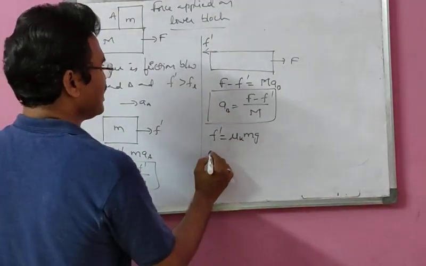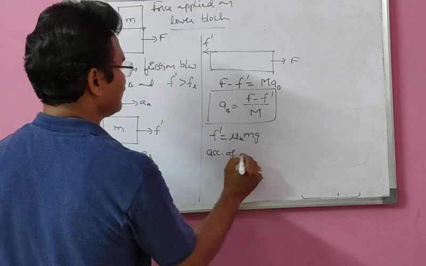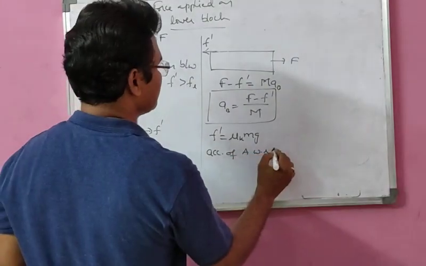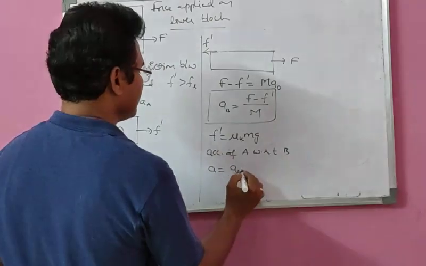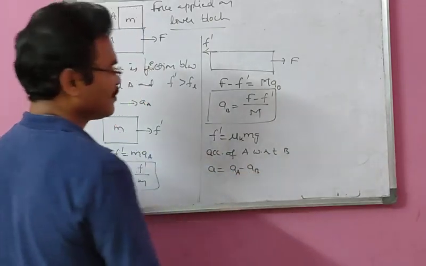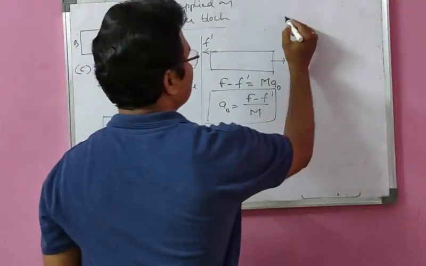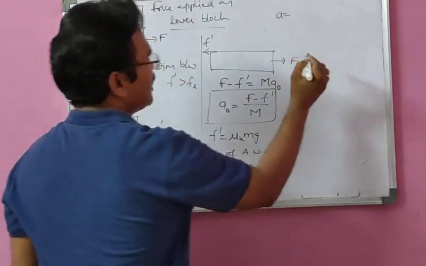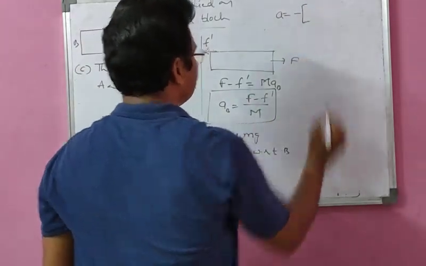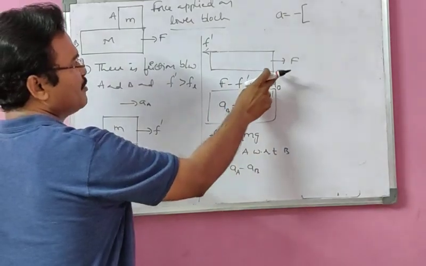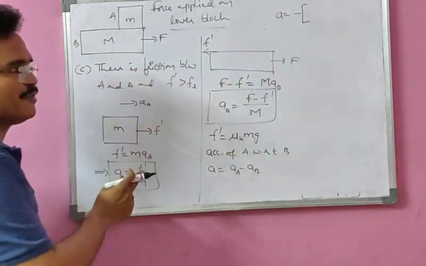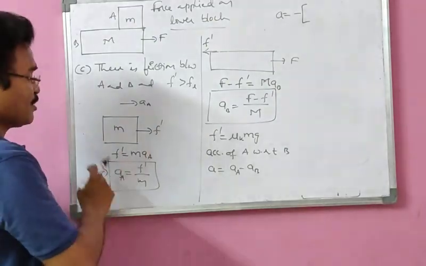Then I'm writing the acceleration of A with respect to B, that is A equal to AA minus AB. Why am I putting a minus sign here? Because this block will move forward and that block will come backward with respect to this one.